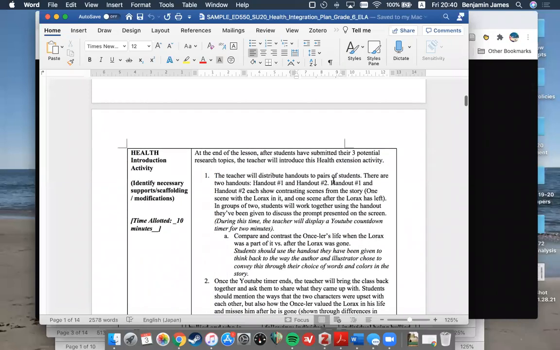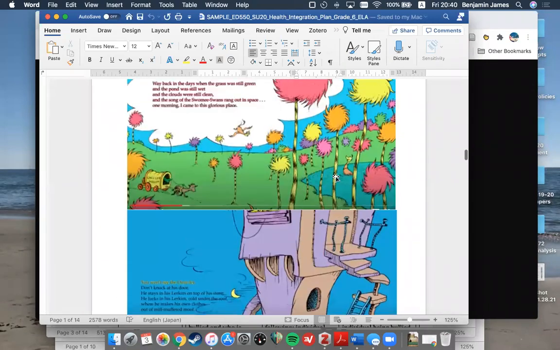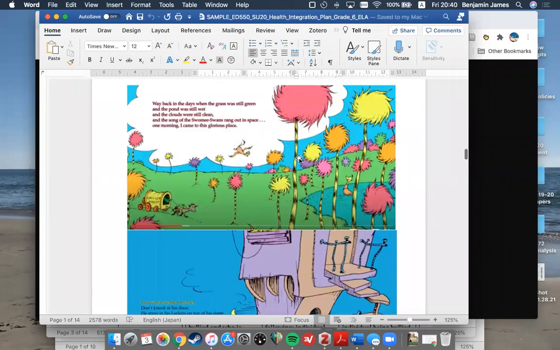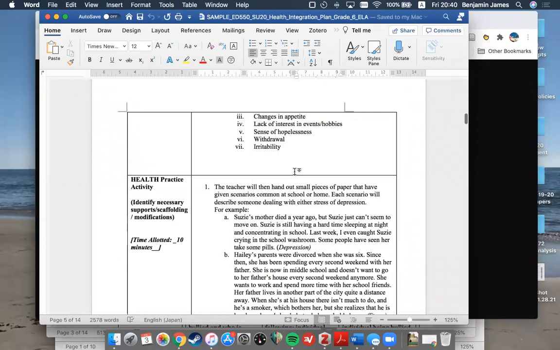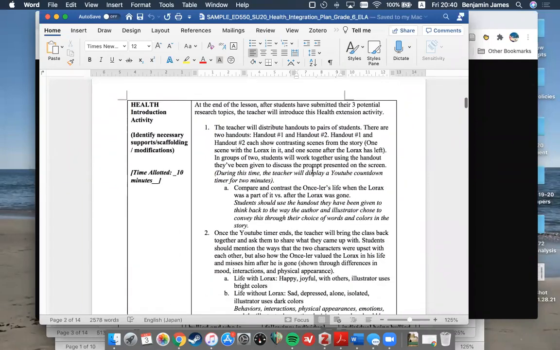At the end of the lesson, after they've read the Lorax, the teacher gives some handouts, and the handouts this teacher has attached to this lesson plan. They're kind of screenshots from a YouTube reading of the book, and it gets the students talking about comparing and contrasting what's happening in the story.